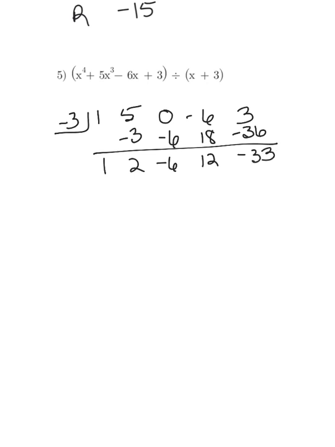So again, on this one, we have a remainder. This means that our quotient is x cubed plus 2x squared minus 6x plus 12, and our remainder is -33.